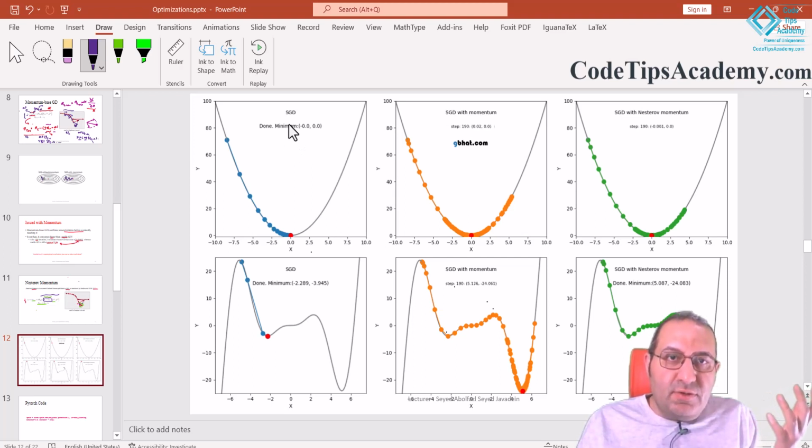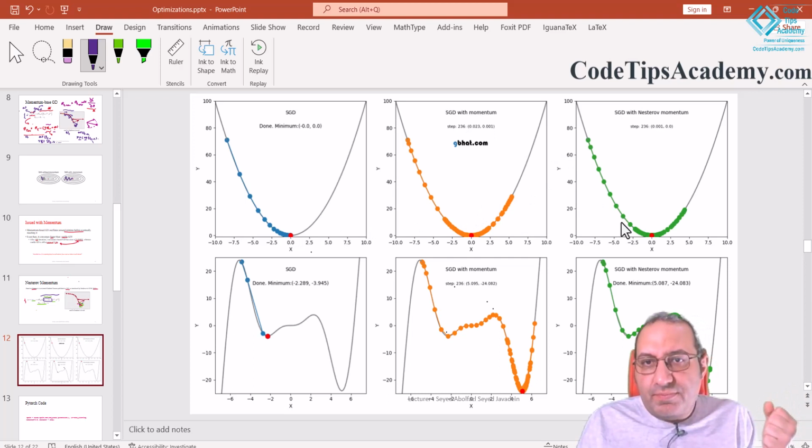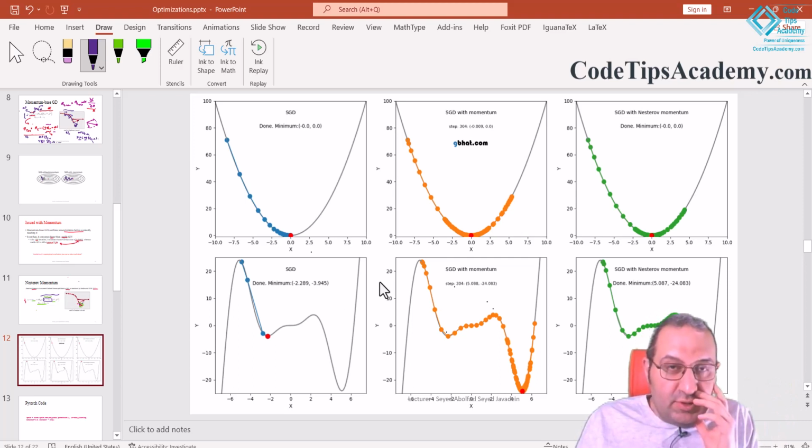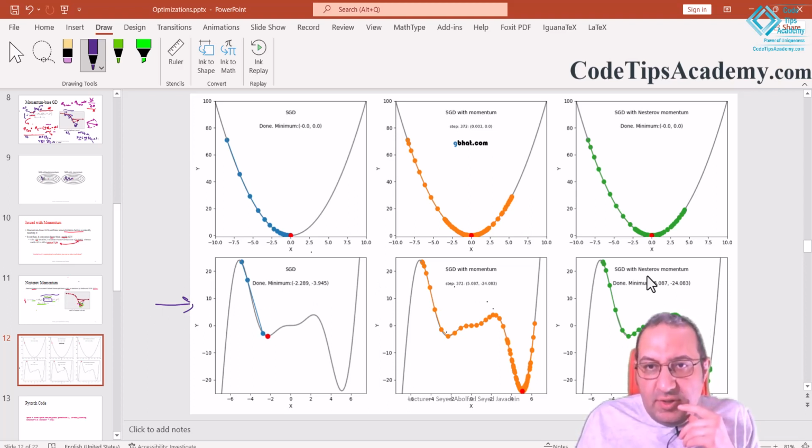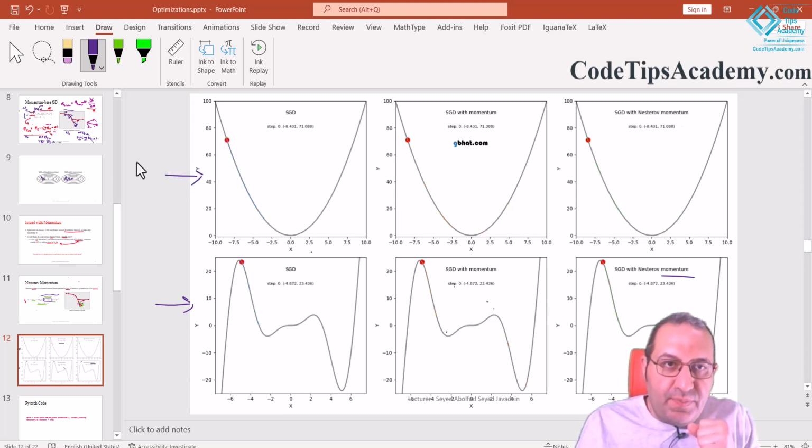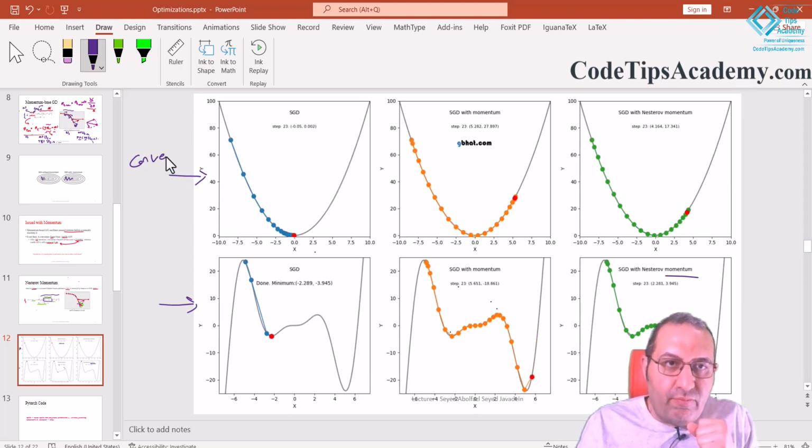Vanilla gradient descent is very good, but for non-convex loss functions, Nesterov momentum-based gradient is amazing. Here is the convex loss function, and here is the non-convex loss function.